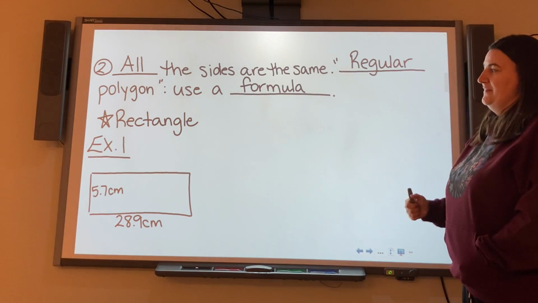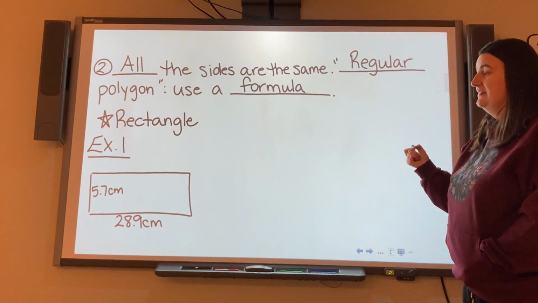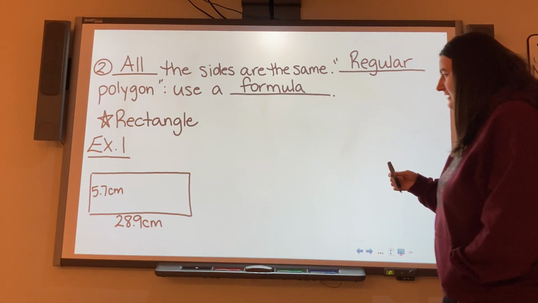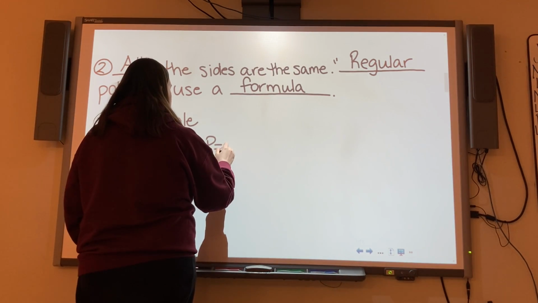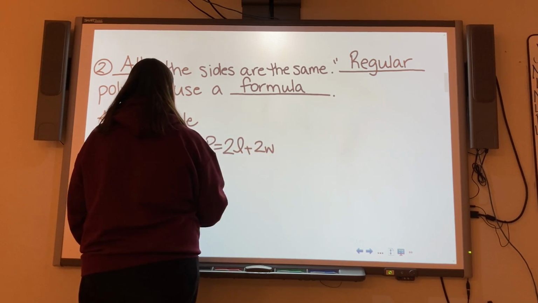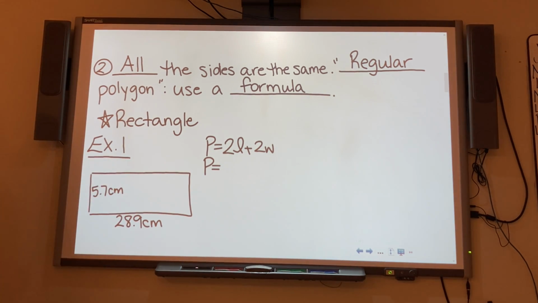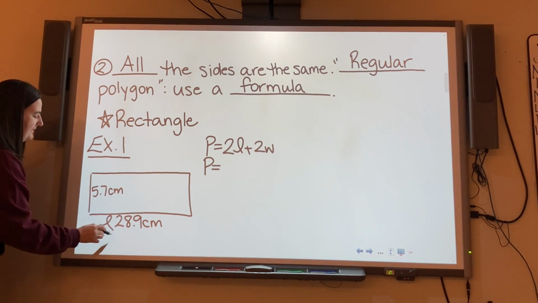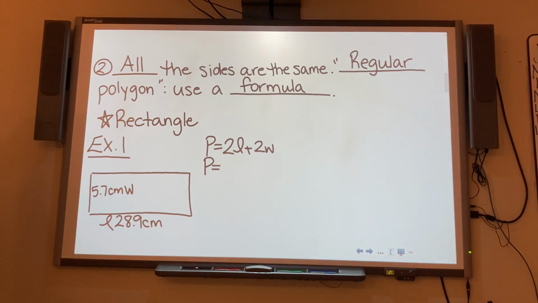Now, remember, rectangles have their own formula because technically not all their sides are the same. So the formula for a rectangle is P equals 2 times the length plus 2 times the width. So you've got to figure out which one's the L and which one's the W. L for length. Looks like it's this one. That's longer than this one. So there's the L, there's the W.